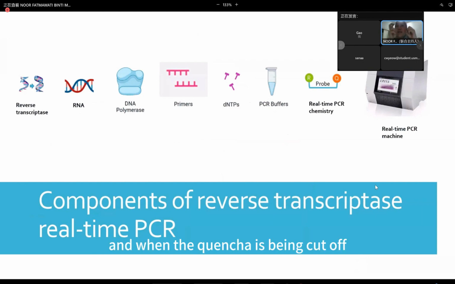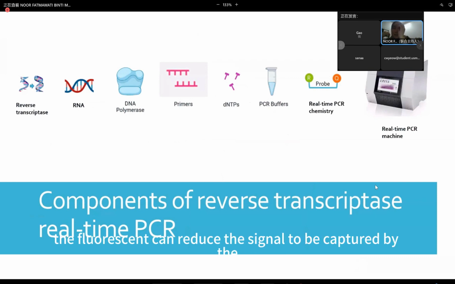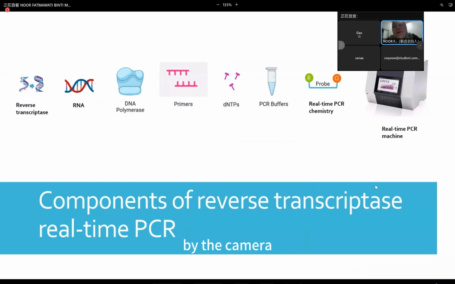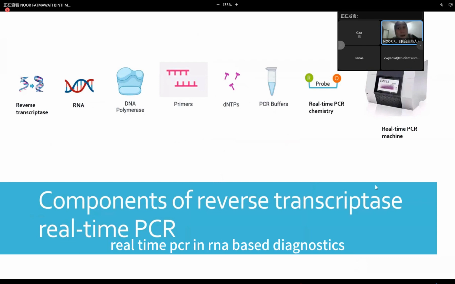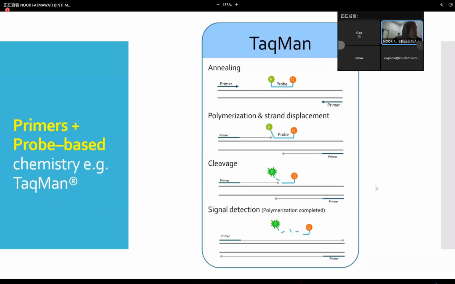When the quencher is cut off, removed, the fluorescence can produce the signal to be captured by the camera inside the machine. So basically, these are the components for reverse transcriptase real-time PCR in RNA-based diagnostics. And this is how the primer probes work in real-time PCR. You have primer, you have probe, and once it meets, it will cut the quencher off, and now the signal will fluoresce.